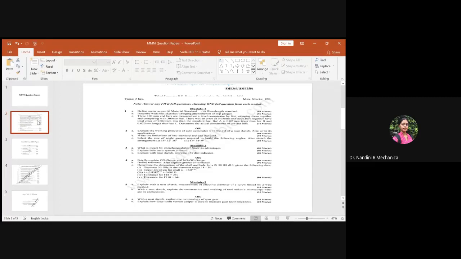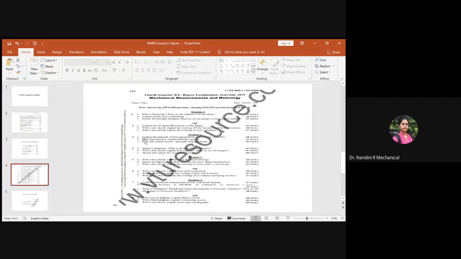Now they have asked for selective assembly along with interchangeability. It is for 8 marks. So as per the marks given, kindly explain only the principle behind the interchangeability and the selective assembly process.